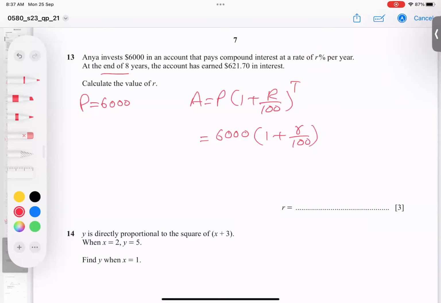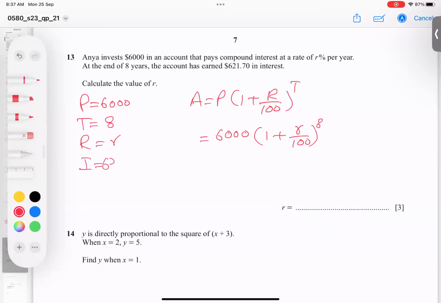He said 8 years, so 8 is the time. And he earned a profit, interest. How much profit did he earn? I stands for interest, so 621.70.